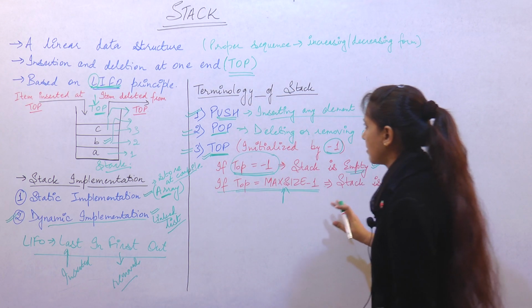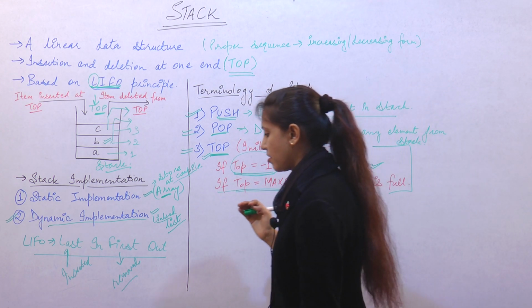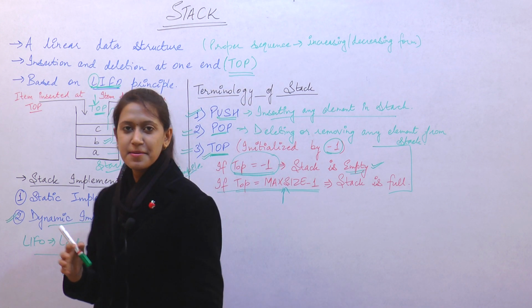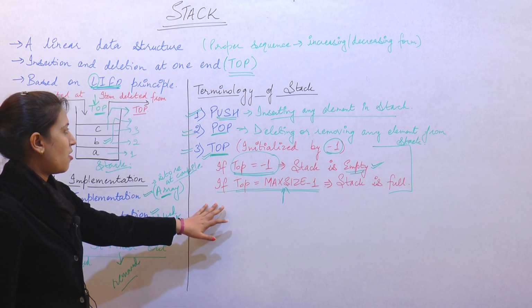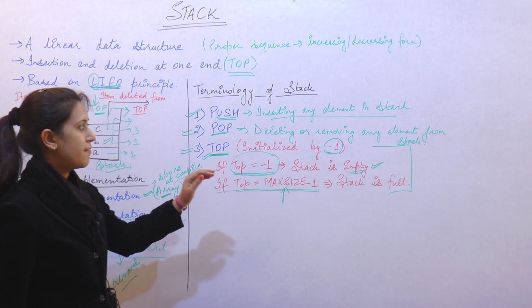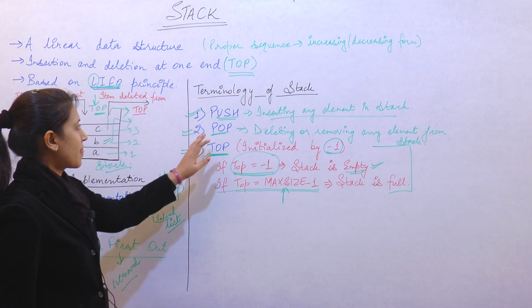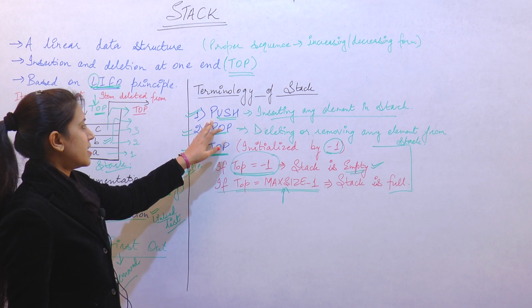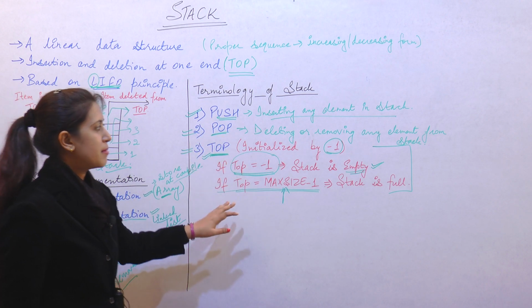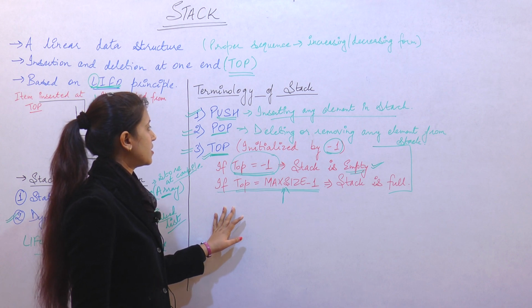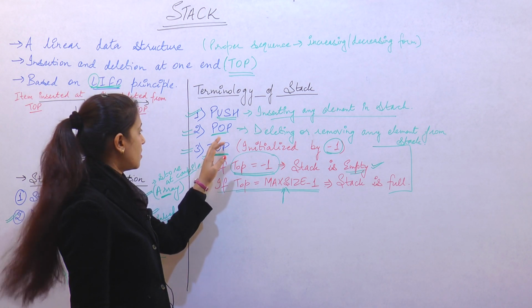After that we discussed the terminology of stack, which contained three terms: push, pop and top. Whenever any element was inserted in the stack, we denoted it using push. If any element is removed from the stack, we denoted it using the term pop.